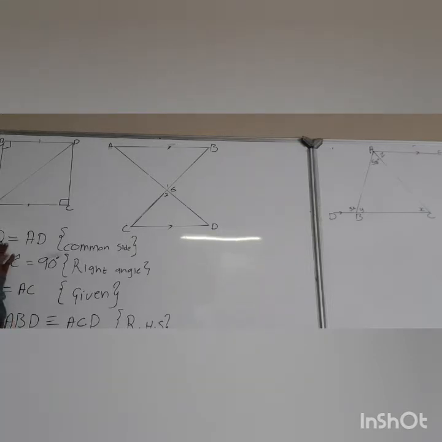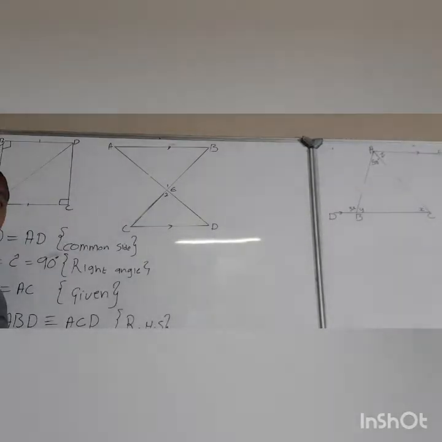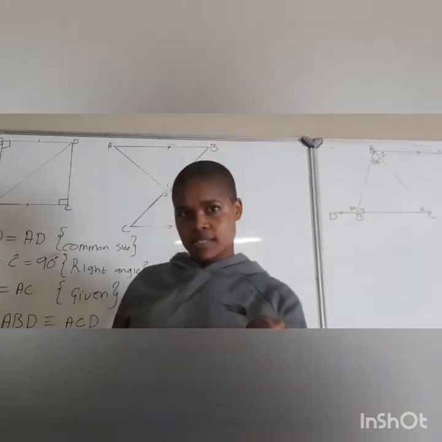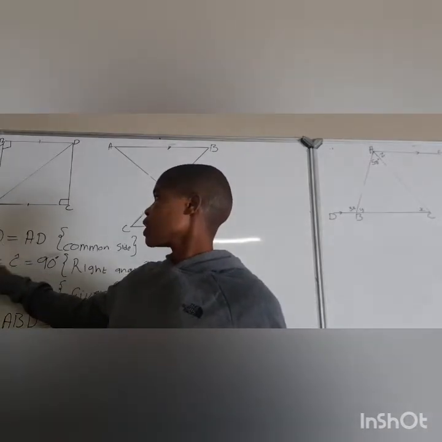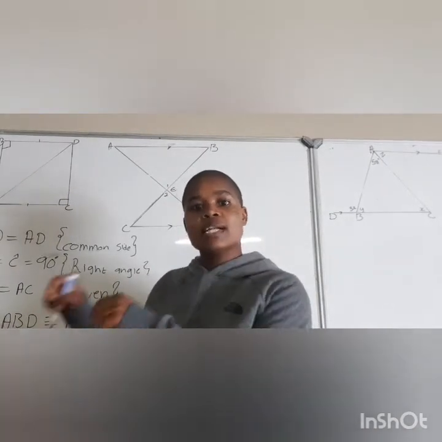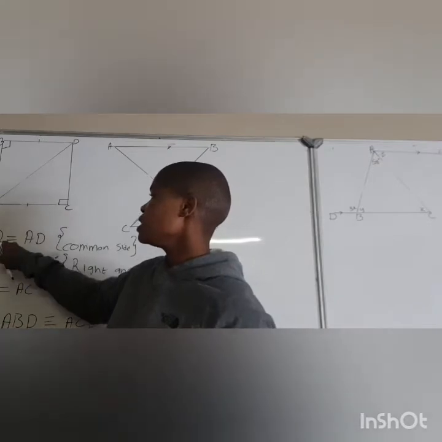You said AD, and then you spoke about B. So the order that you must write, it should be triangle ADB.